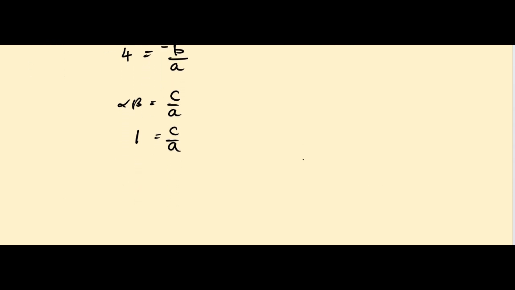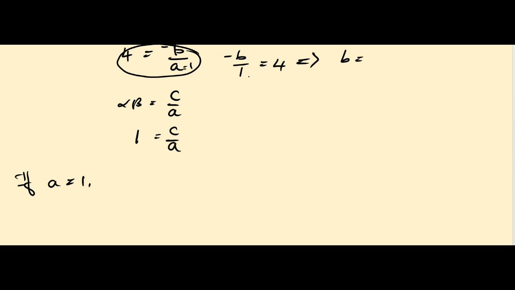We will move the same way. If a is equal to 1, then in the sum of zeros, minus b by 1 is equal to 4, so it implies b is equal to minus 4.